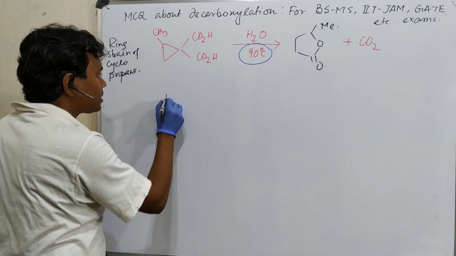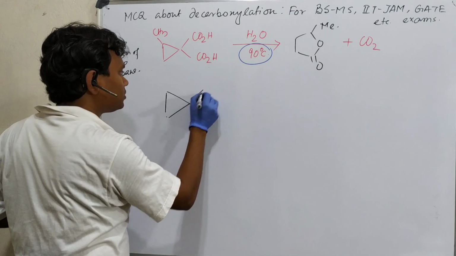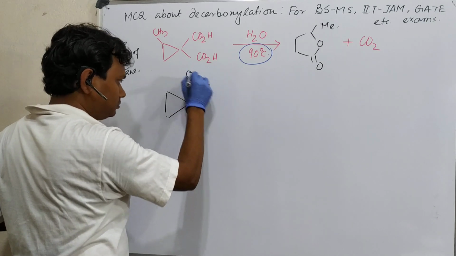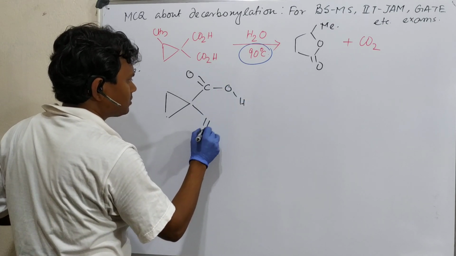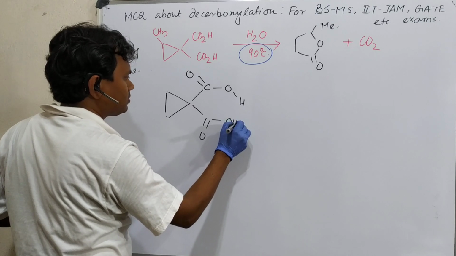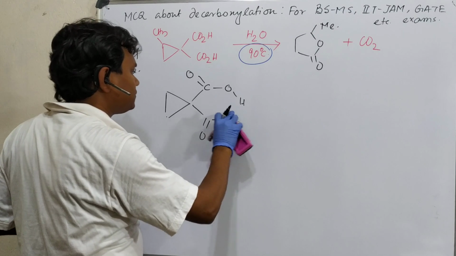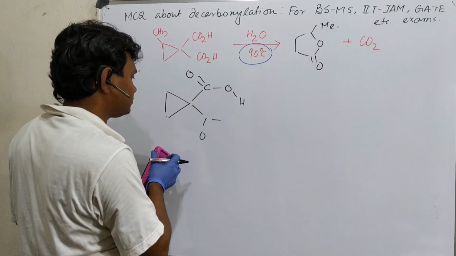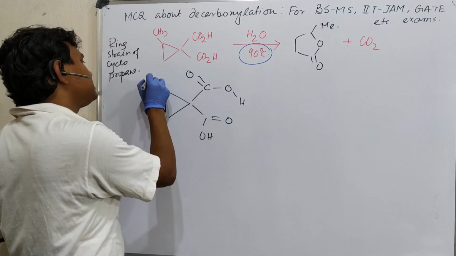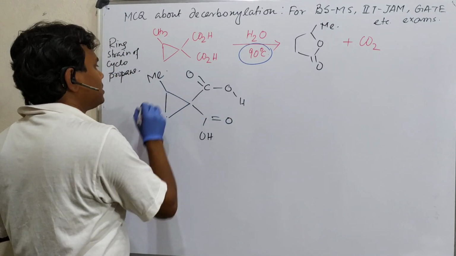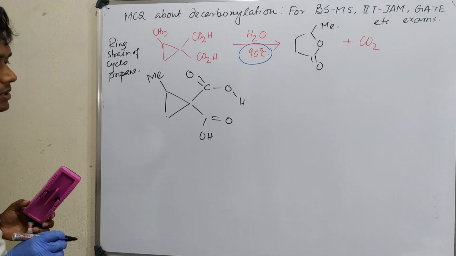Let me draw the structure again here. Let me write it in a different way: OH, double bond, and now there is a methyl. So the question is how this reaction is actually happening.